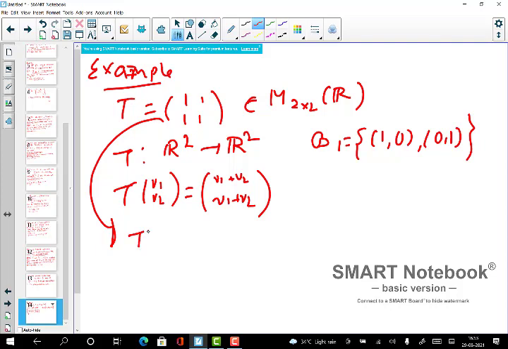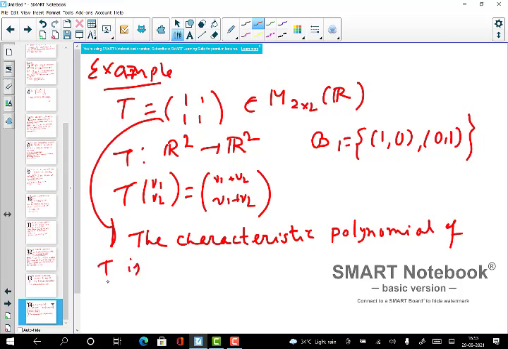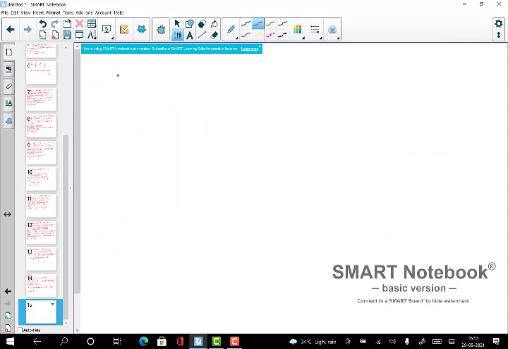So the characteristic polynomial of T is f(x) equal to the determinant of xI minus T, where xI is the matrix x 0, 0 x, and T is 1 1, 1 1.